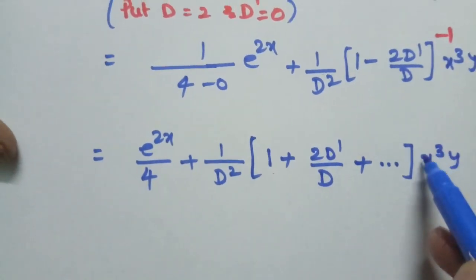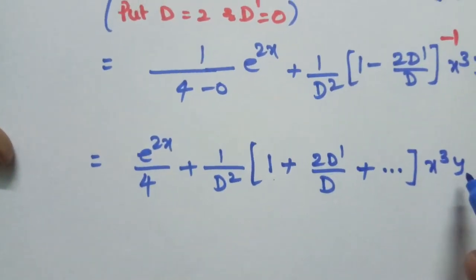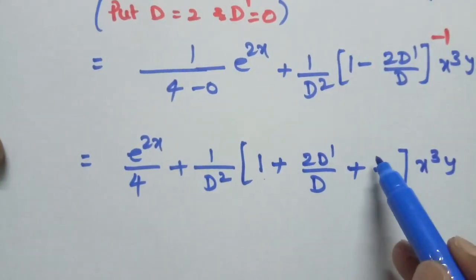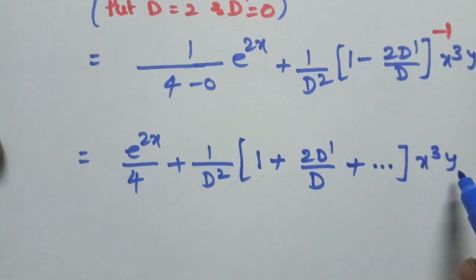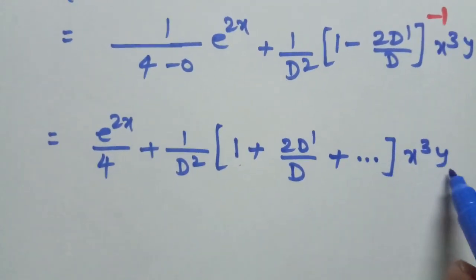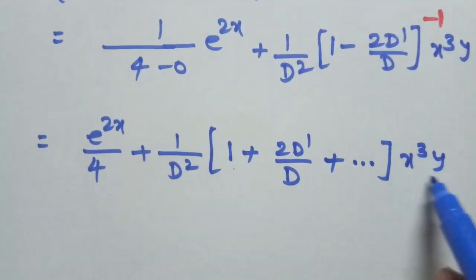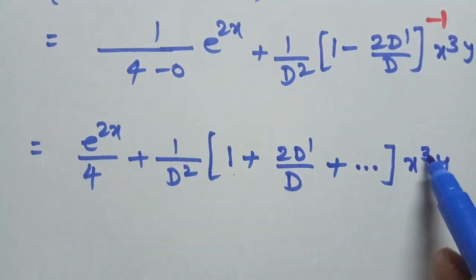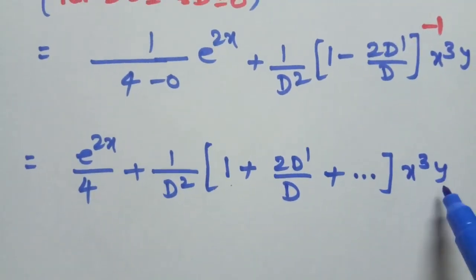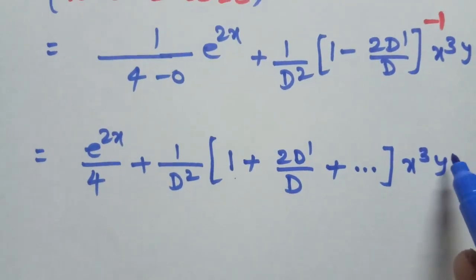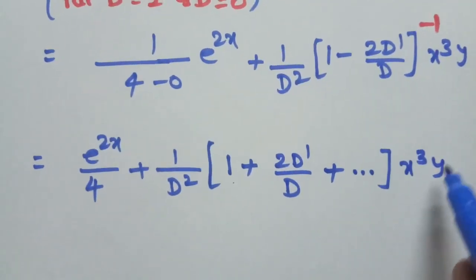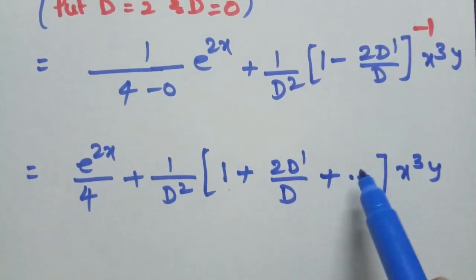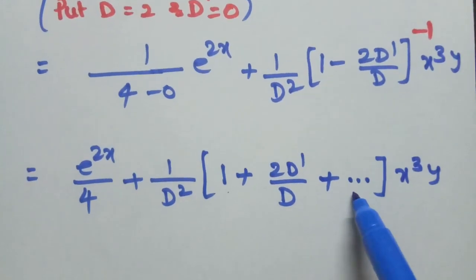Therefore x cube is a constant, derivative of y is 1. So D dash of y is equal to 1. D dash square means second derivative of x cube into y partially with respect to y. So x cube is constant, first derivative of y is 1, second derivative of y, that means derivative of 1, becomes 0. So that's why we are not writing 2D dash by D whole square.